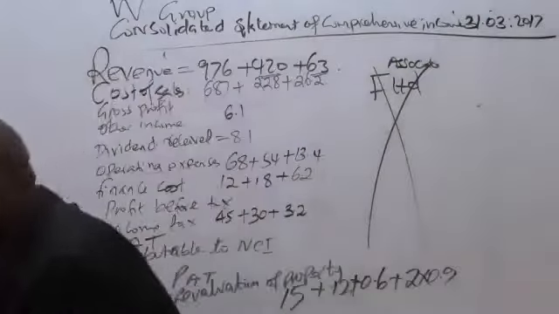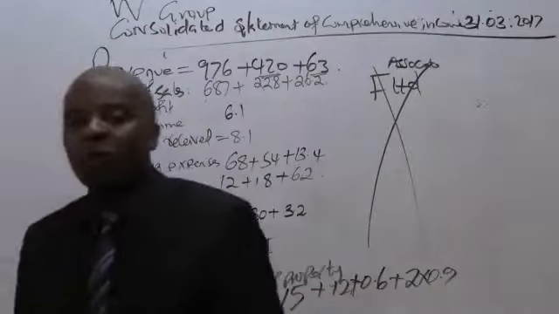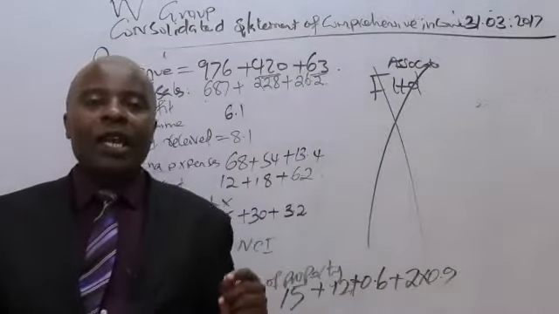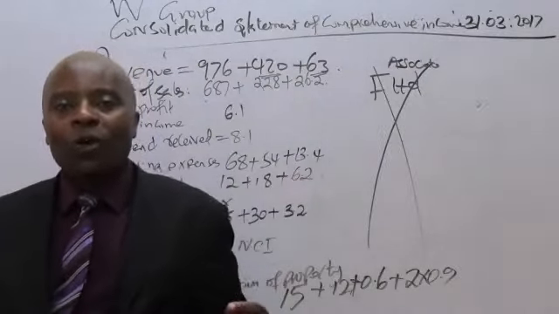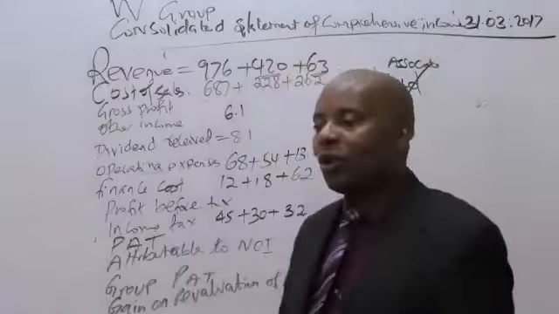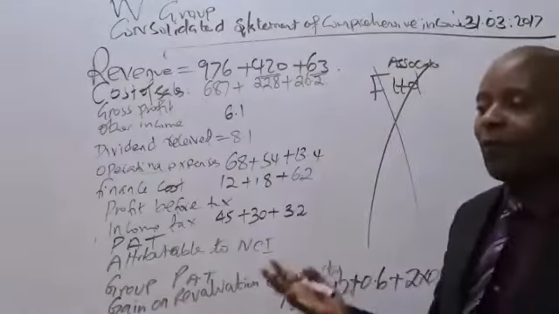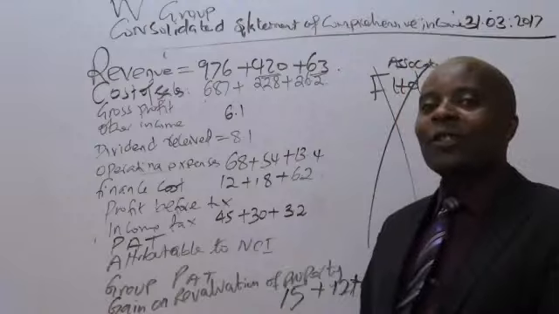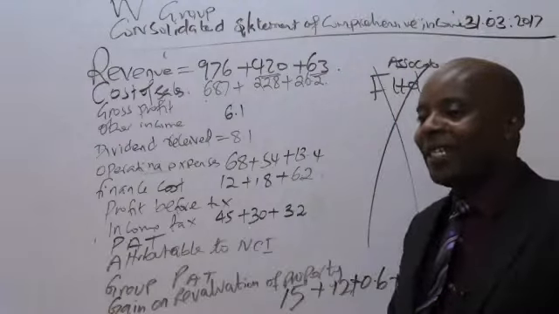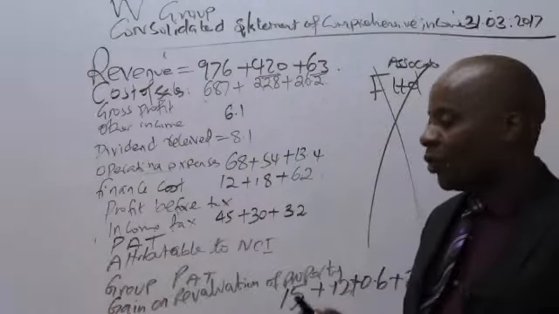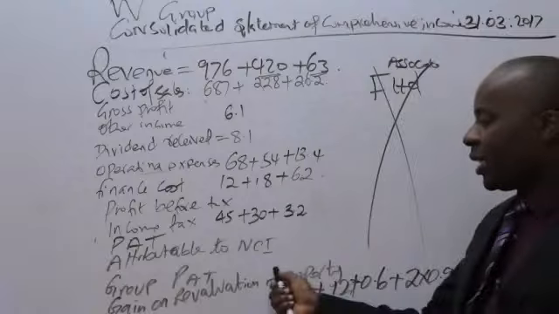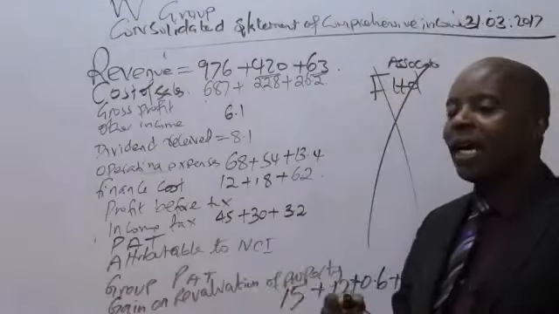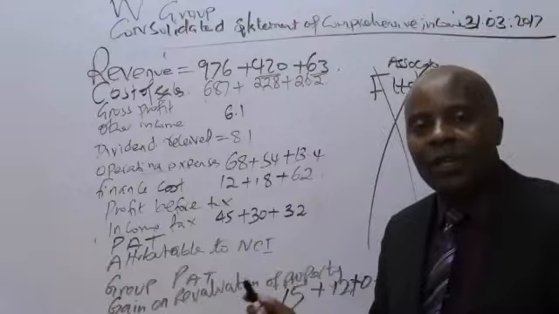Ladies and gentlemen, remember, I'm just here not to complicate your life. I'm here to make your life easier, to show you how you can harvest what we normally call low-hanging fruits. The very first low-hanging fruit I would want everybody to understand today is all these items that come after other comprehensive incomes.